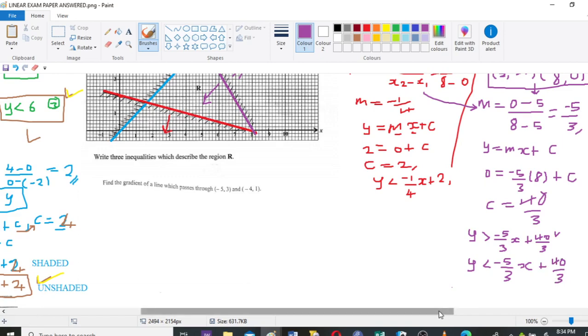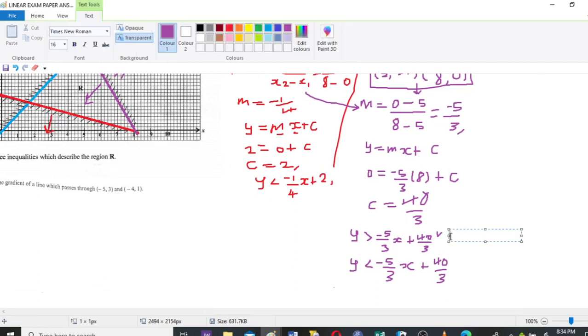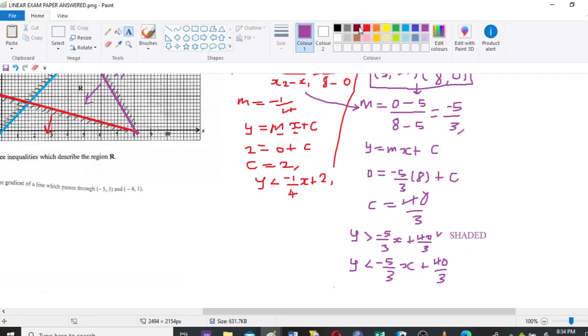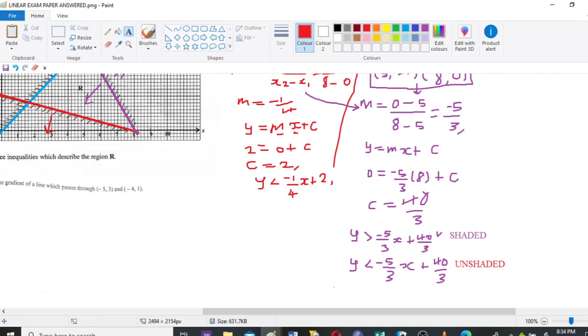Let me just highlight this one because we can't write it on top there. I'm going to specify that this is for describing the shaded region, and this one here is the one describing the unshaded part.